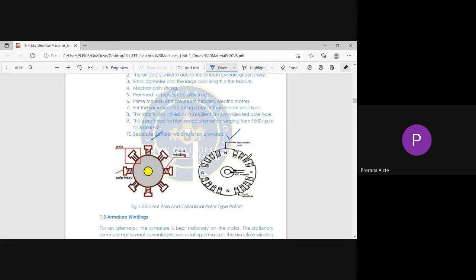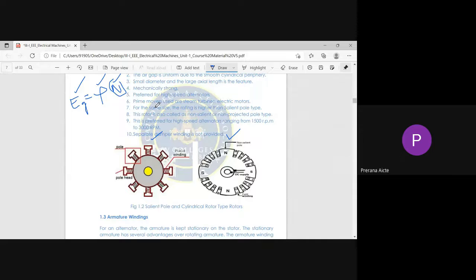Here Eg is equal to, as we already know from the basic equation, phi and N. So we generate the electrical energy based on speed as well as flux. If the rotor has high inertia, it is not possible to drive it at higher speeds.